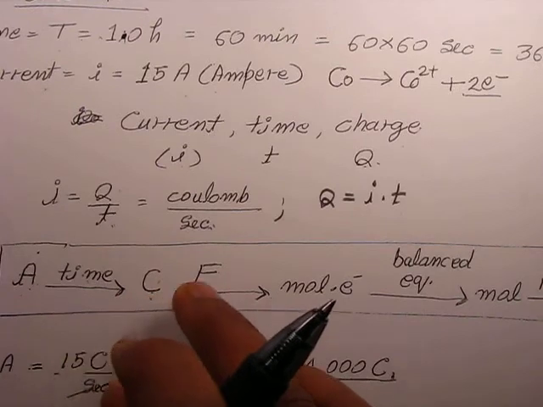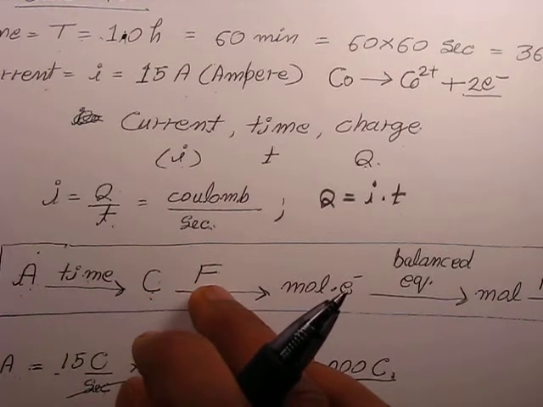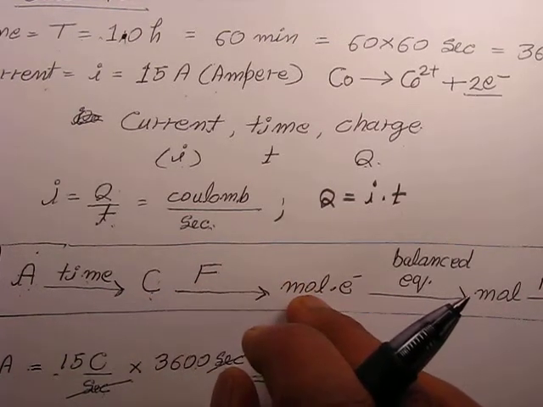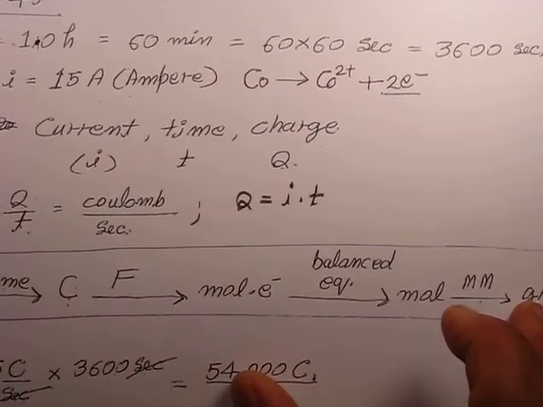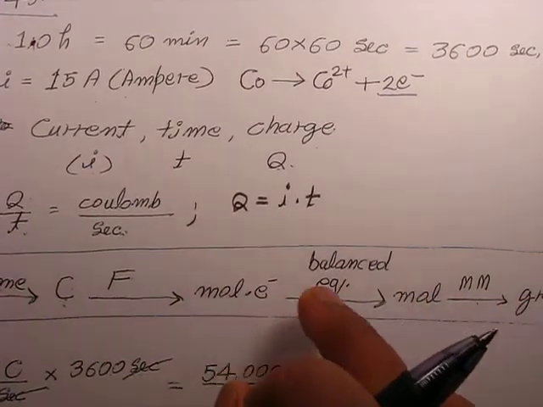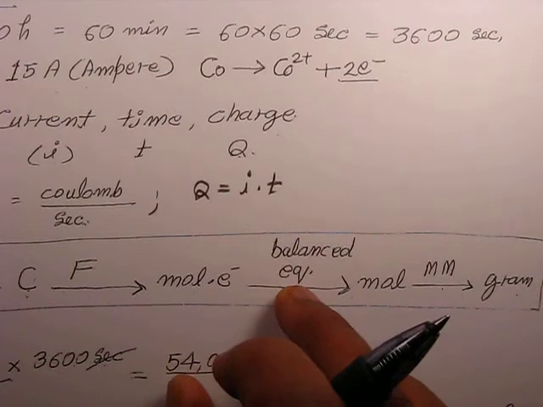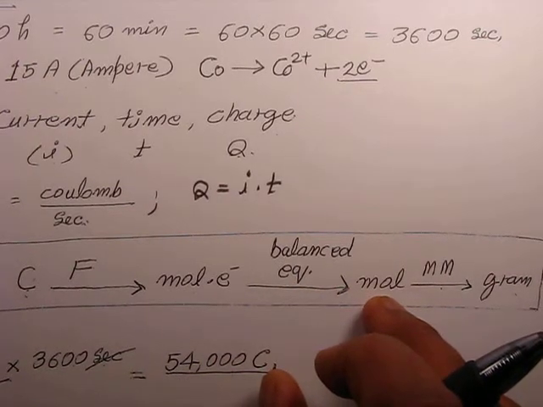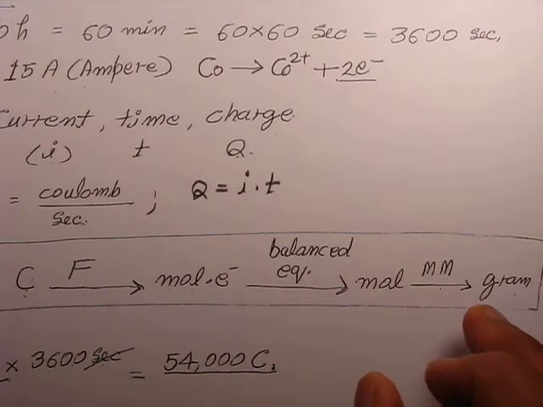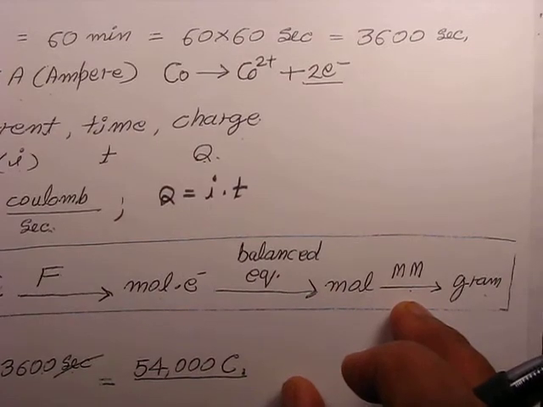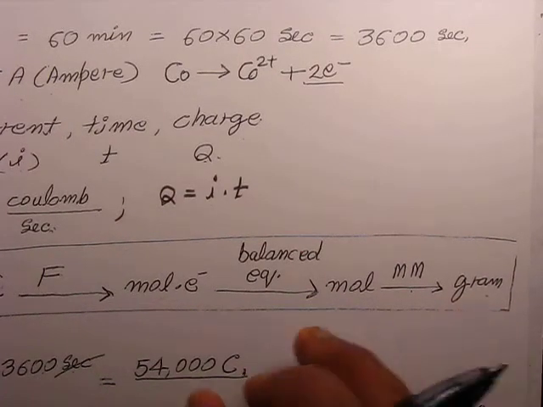Then, based on the Faraday constant, we will find out how many moles of electron I have passed. Once I know the total number of moles of electron, we can see how many moles of cobalt ion were formed, and then multiply by molar mass, which gives the quantity in grams.